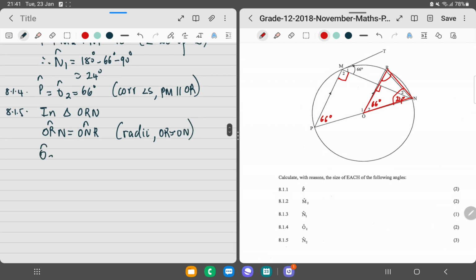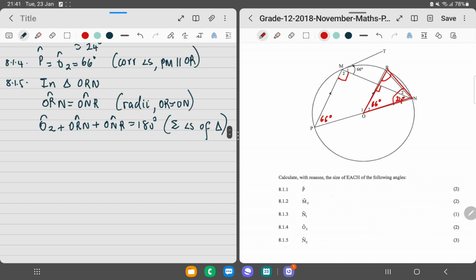And then O2 plus ORN plus ONR should be equal to 180 degrees. And this is because of the sum of angles in a triangle. O2 is 66 degrees plus, so I'm going to repeat ONR twice because it is equal to ORN.